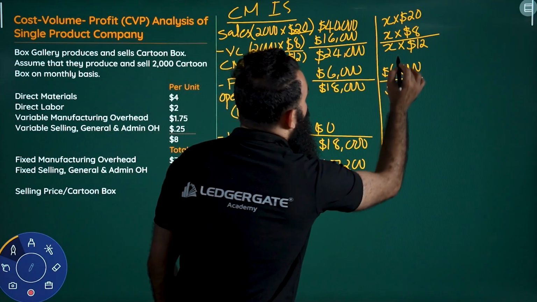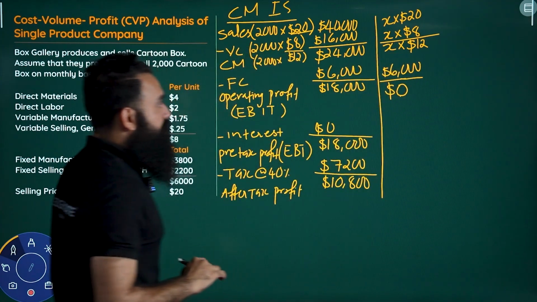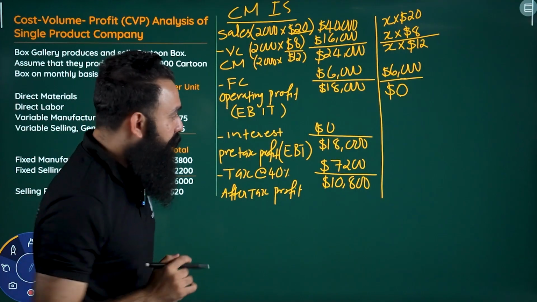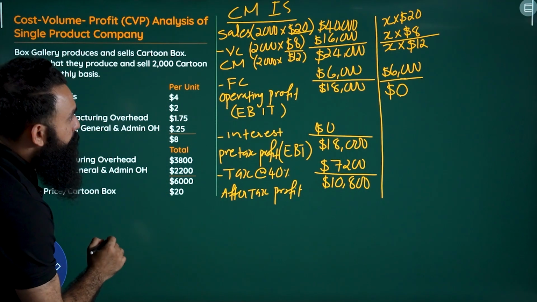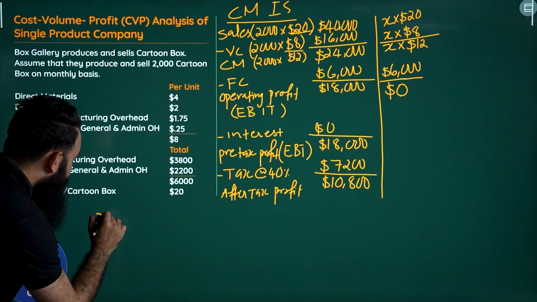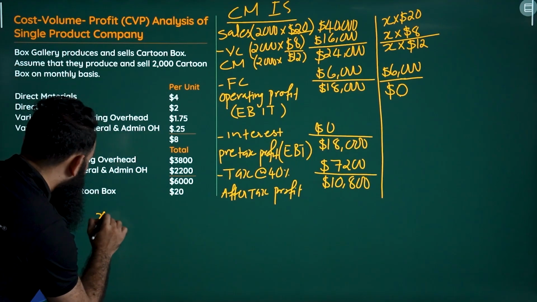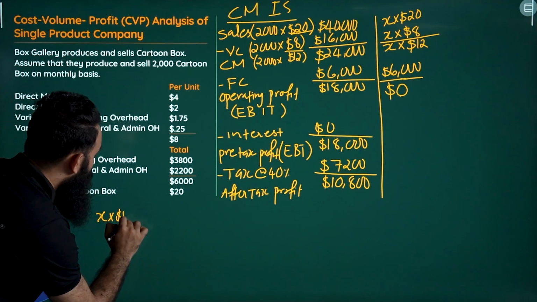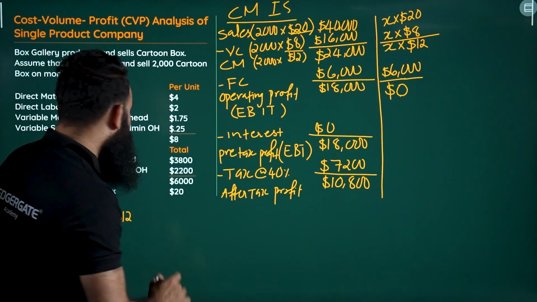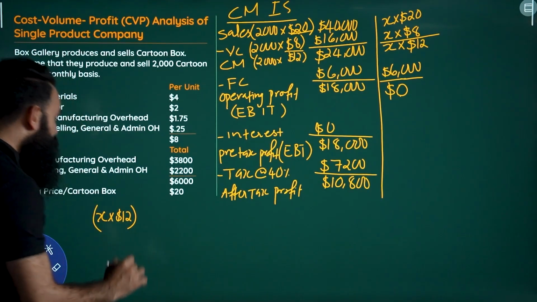So now we are going to solve the value of X. What is X? The units, right? So how to calculate that? We can calculate over here. So X into $12, what is that? This is our contribution margin, right?